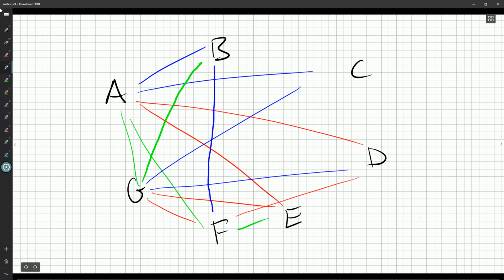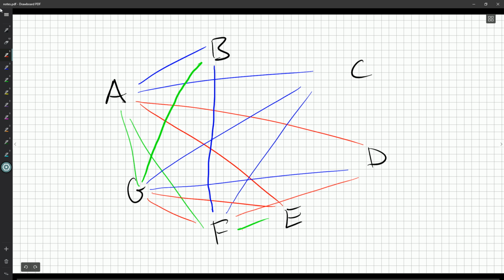Blue here works fine because AF is green. And a blue here is fine. Again, AF is green and FG is red. So I'm not seeing any monochromatic triangles here. But I think this is going to get harder to put together. We might actually need to start looking for patterns rather than just trying to come up with this off the top of our head.